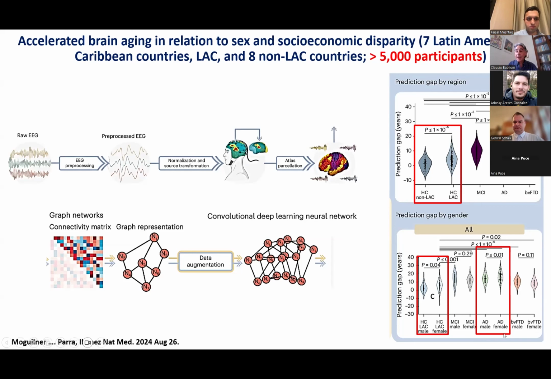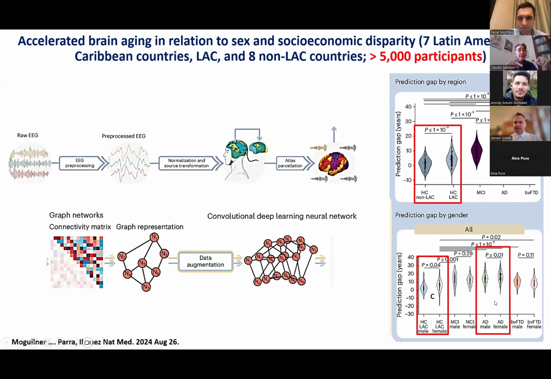And another outcome of the work was that females from Latin American countries and Caribbean countries show even more acceleration of brain aging. And you see that the machine learning tool predicted even more years in females than males from Latin American countries. And the same was true for Alzheimer's disease patients.